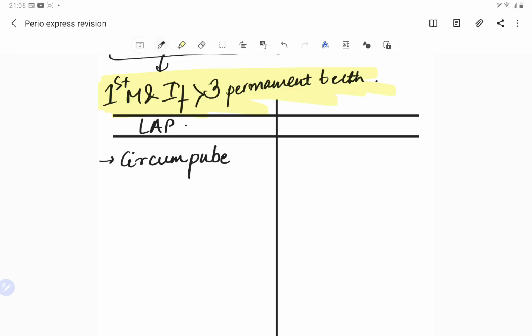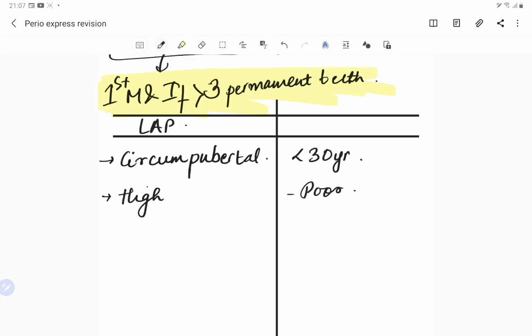So this is circumpubertal. While on the other hand, the generalized aggressive periodontitis is most often seen in less than 30 years of age group, but it can also be seen in older individuals. And the antibody response against the infecting agents is high in case of localized aggressive periodontitis, while it is poor in case of generalized aggressive periodontitis.